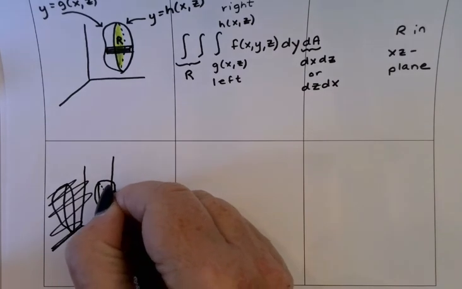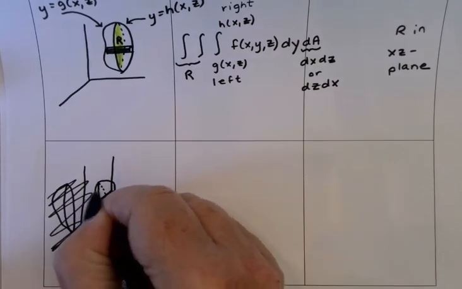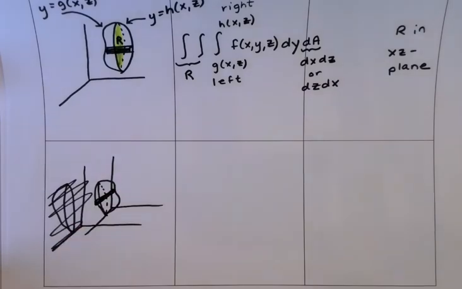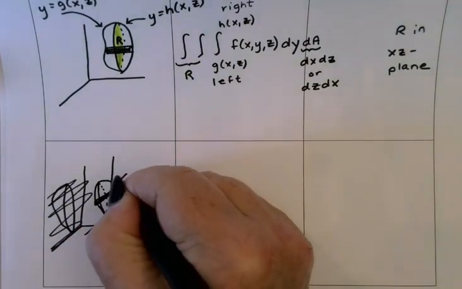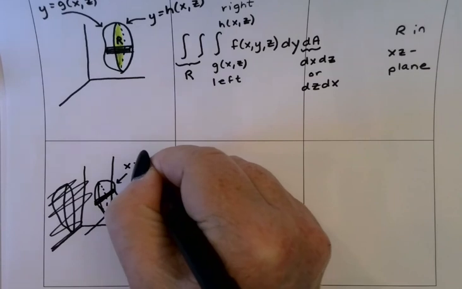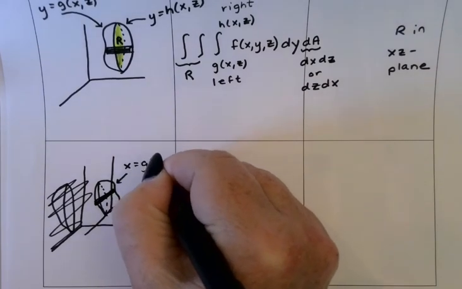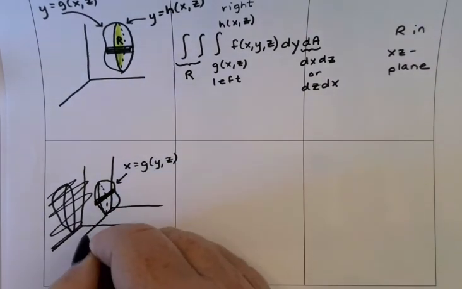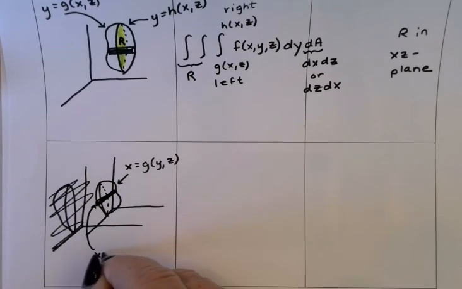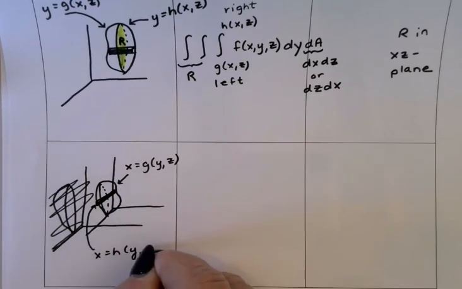So I'm going from the back to the front. It's the hardest one for me to draw. The back here would be x equals g of y and z, and the front would be x equals h of y and z.